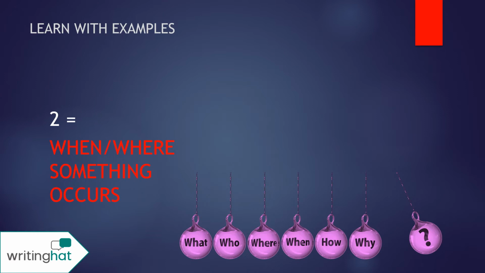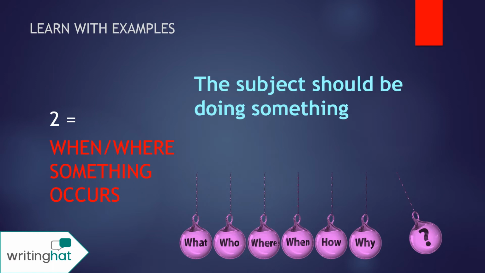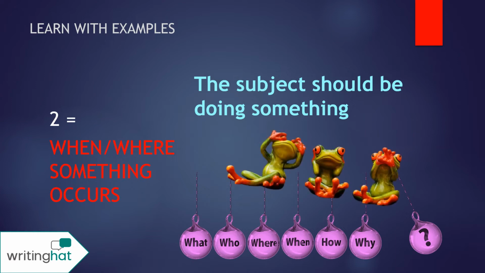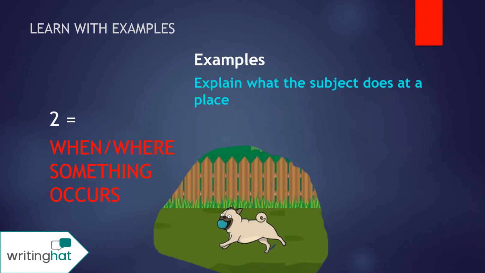Here's another way to write a sentence. When or where something happens. Now, the important thing to remember is to explain what the subject is doing. Where does it happen? Or when does it happen? Here are a few examples of what a subject does at a place.